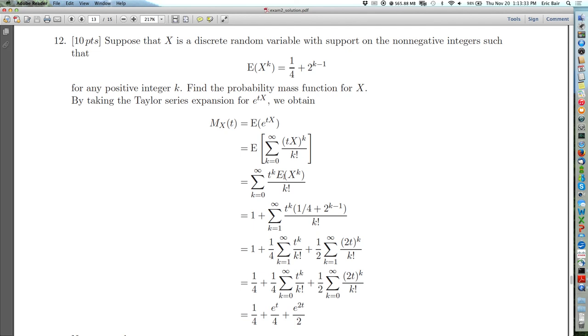If you assume that you can take the expected value inside the summation sign, which in this case is valid, that gives you t to the k times expected value of X to the k over k factorial. Expected value of X to the 0 is always 1, so the first term is equal to 1. For k greater than or equal to 1, the expected value is given by this up here.